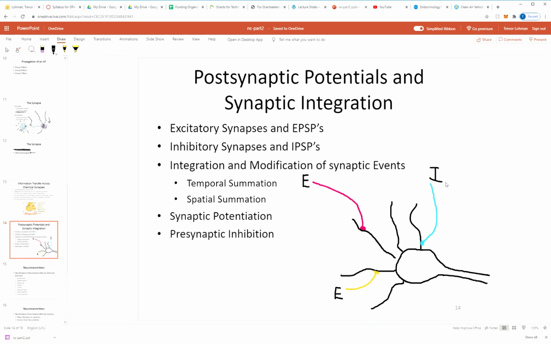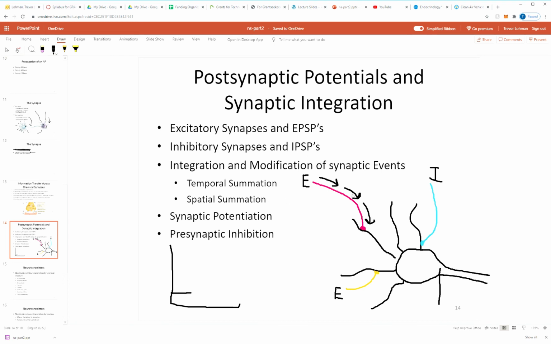So there's a lot at play here. There's whether or not the synapse is excitatory or inhibitory, how close the synapse is to the axon hillock, and what type of summation is occurring. So let's say that we have 3 excitatory action potentials in a row, E1, E2, E3. You can label those if you want. Now we're going to put an electrode in the axon hillock, and we're at rest.